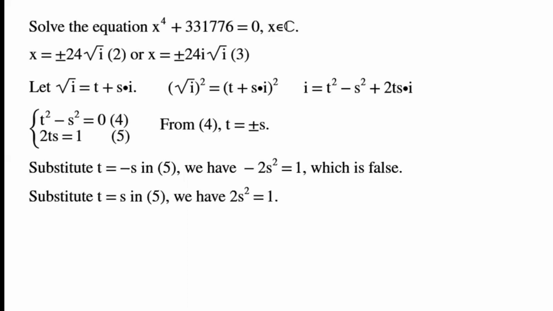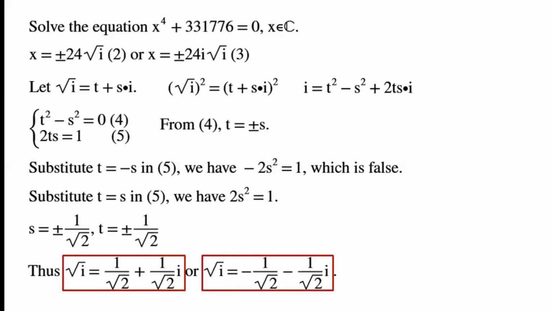Next, substitute t equals s in equation 5. We have 2s squared equals 1. So s equals plus or minus 1 over root 2. t equals plus or minus 1 over root 2.